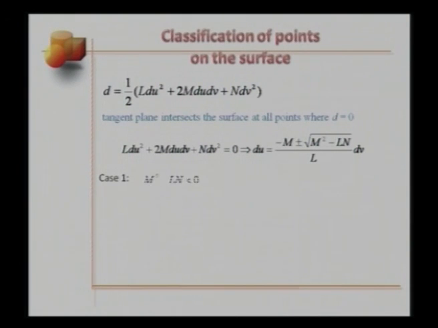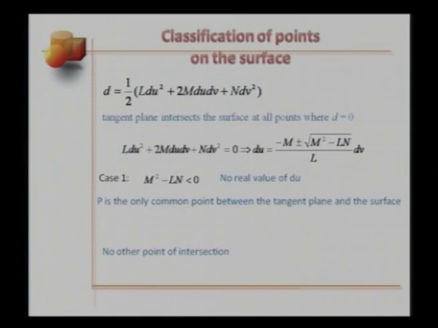Case 1: we don't have any real value of du, which implies that we do not have any point on the surface through which the tangent plane passes. P is the only common point between the tangent plane and the surface, and there is no other point of intersection. So that point is called the elliptical point.